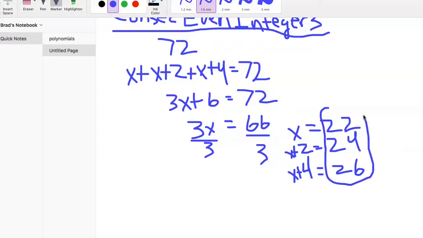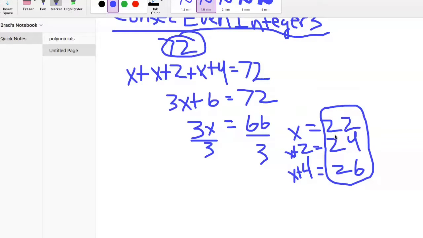Again, if it's possible, I would do the guess and check instead. It's just faster and less math involved. Our first thing is, are all these numbers even? If somehow I do it and the numbers aren't even, then I've done something wrong and I'm going to have to go back and check it out. The second thing is add them up. 22 plus 24 is 46. 46 plus 26 is 72, and that's the answer we were looking for.